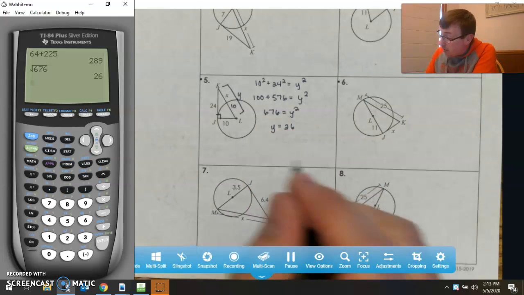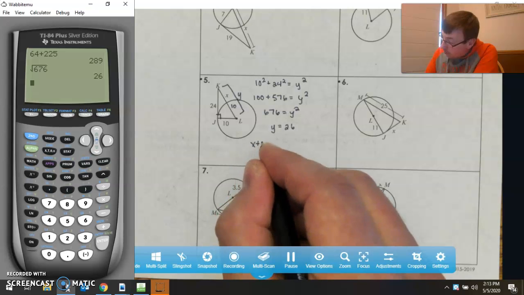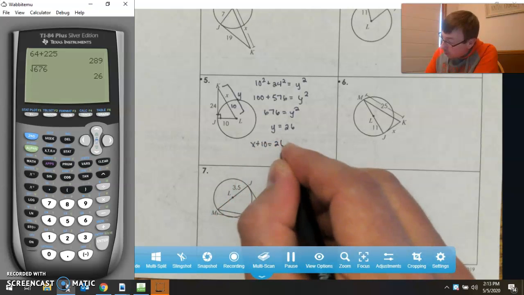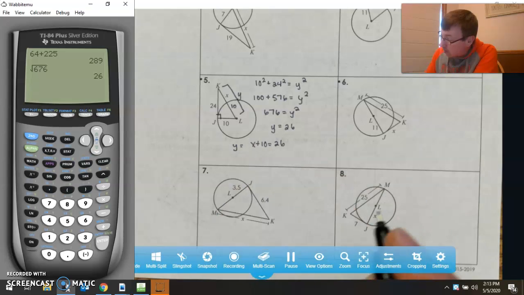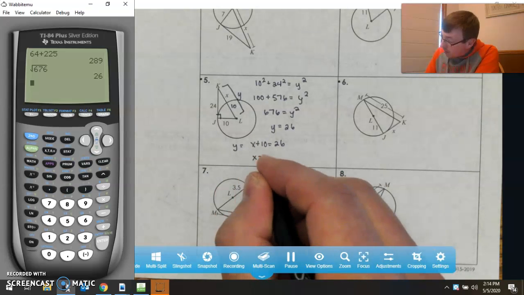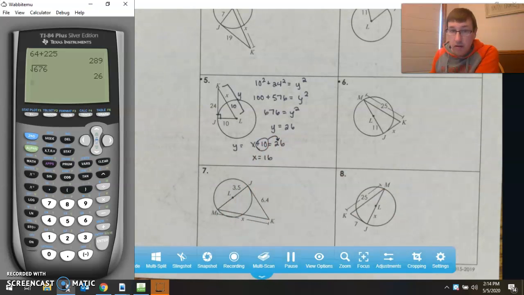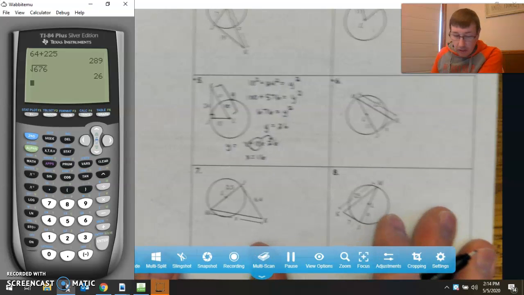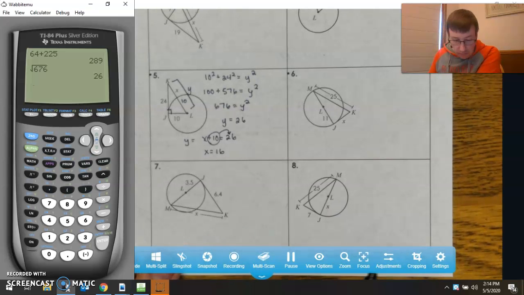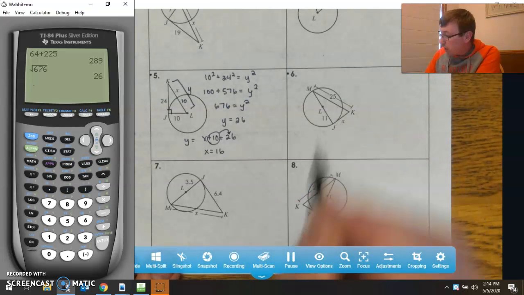Now we're not quite done yet, because I know x plus 10 will equal 26, because we said y is equal to x plus 10. So that means x will equal 16 when I move this 10 over here. Okay, so keep that in mind. If you introduce a variable for another set of variables, you just have to go back and make sure that works out.